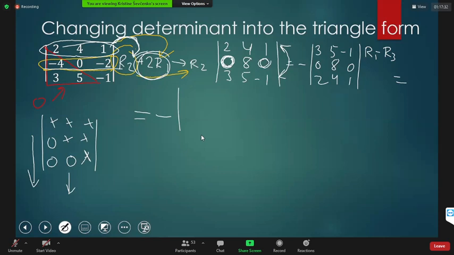And now, actually, it would be rather difficult to get rid of 2 as it is. So I will actually take row 1 minus row 3. Why? Because that will give me 1. Because 3 and 2, the difference is 1. I want to make 1 there. So 3 minus 2 is 1. 5 minus 4 is also 1. And -1 minus 1 is -2.